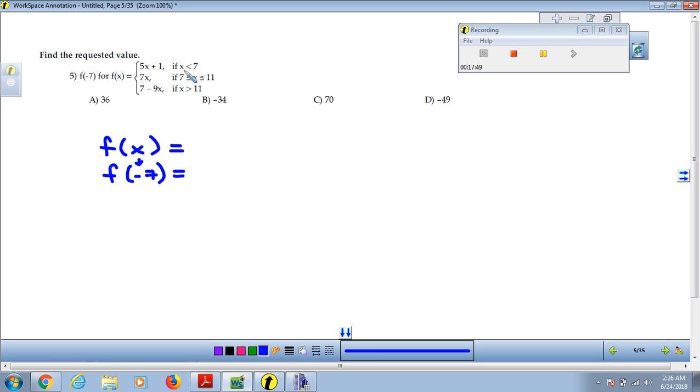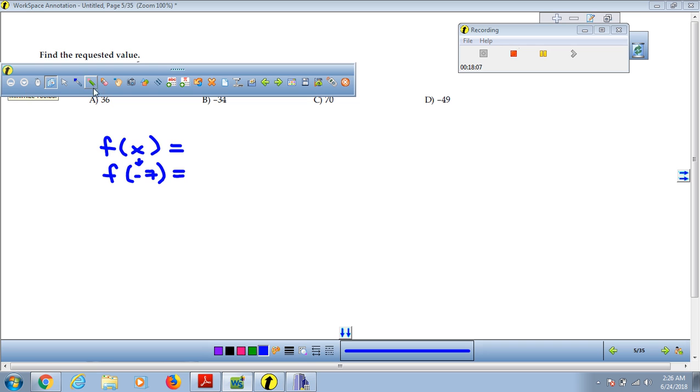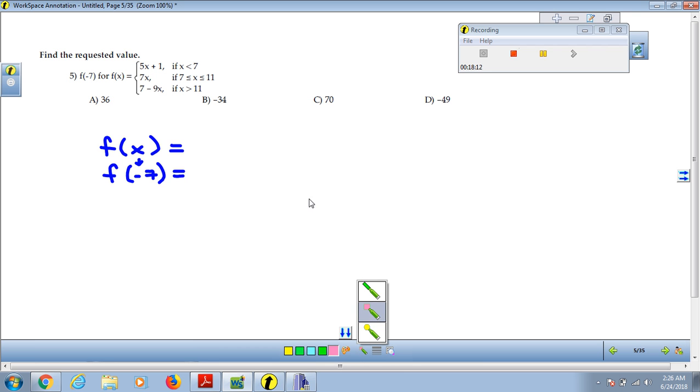So in the first one, what kind of x's am I going to substitute into this x right here? Well, you're going to substitute x's that are less than 7. I was going to say or equal, but no, it's just less than 7.